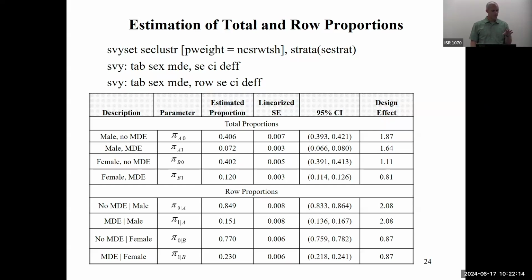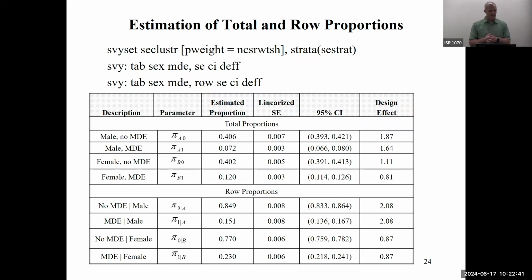Otherwise, you could really be misleading your audience about what you're talking about, this association. Okay. If I want row or column proportions, I simply need to add row or COL, like we saw in the previous code. And now the 2x2 table shown by Stata will give me those row or column proportions, if that's what I actually want to report to describe this association.